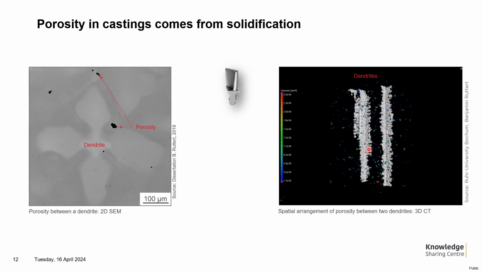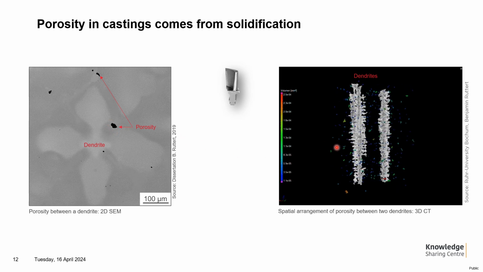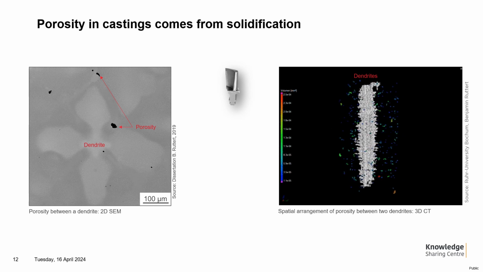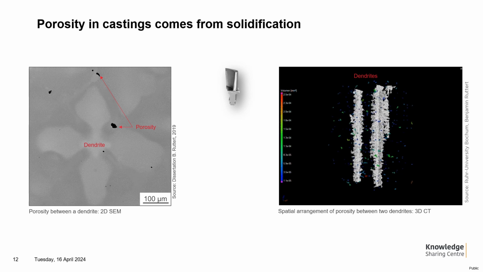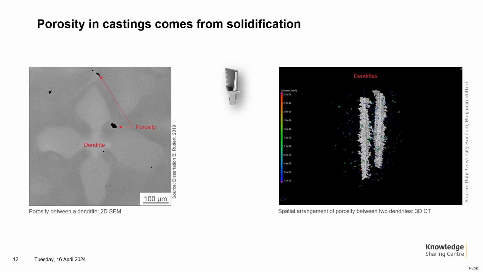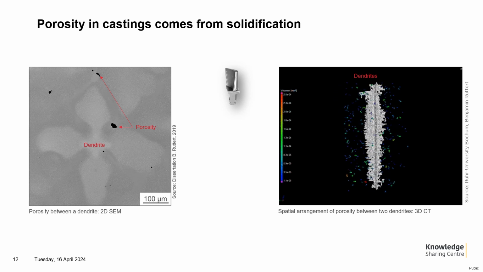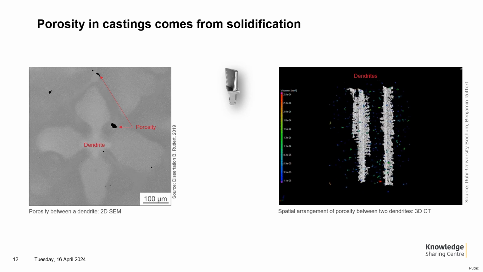The pores that we see in 2D as black dots appear here as bluish, greenish, colorized dots in the volume. And you can already see these networks of pores in the volume. In order to get rid of porosity in turbine blade materials, a special HIP recipe is carried out, and its impact is illustrated on the next slides.